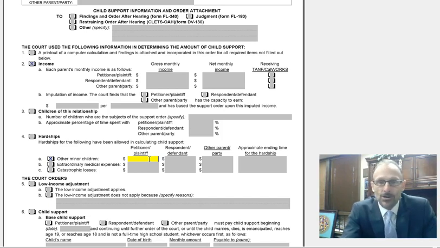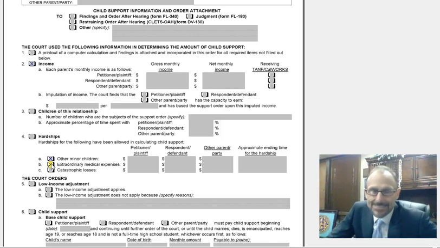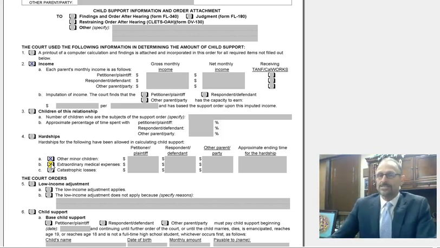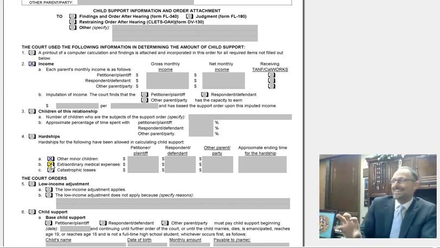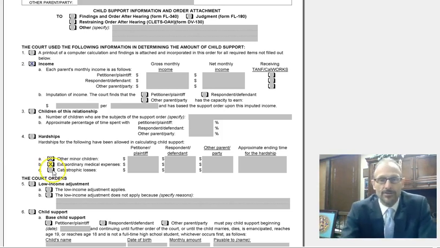Now, you're not going to get that whole benefit, but you can put that factor in there. B is extraordinary medical expenses. If there are regular medical expenses that you pay every month, put that in there. A judge will take this information and factor it in for a determination.